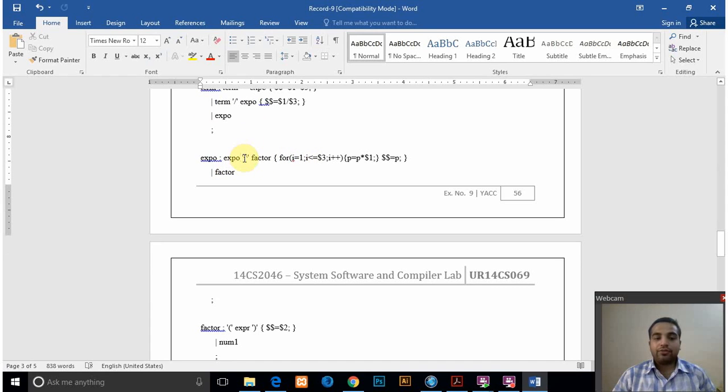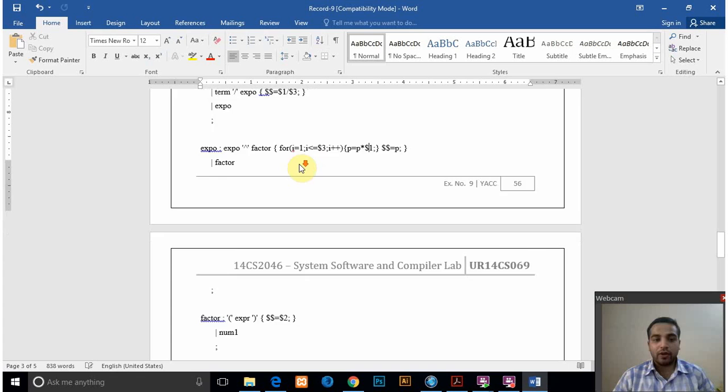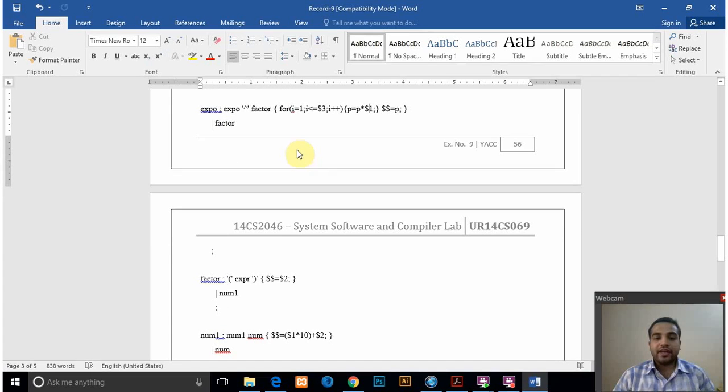So if we encounter this caret symbol, then we take the first operand to the power of the third operand, and then we will get our value. That means if I give 3 caret 4, then we will be computing 3 to the power 4.